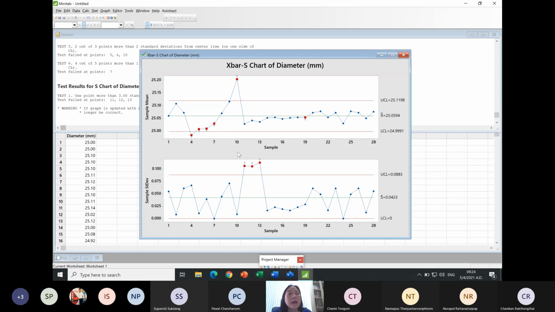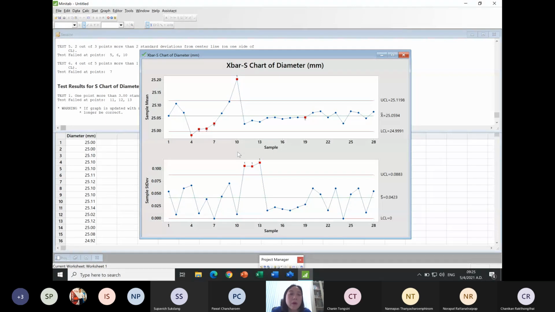And the next thing that it shows is that this high value actually starts from subgroup number 4, and it's increasing consecutively until subgroup number 10.